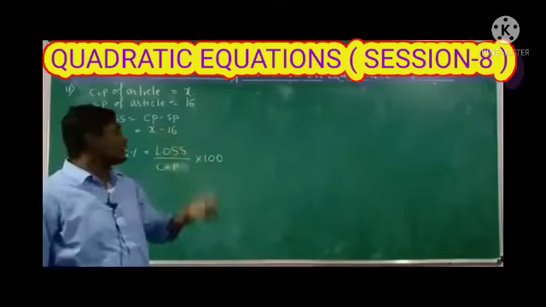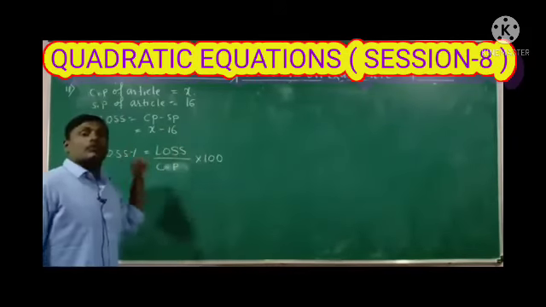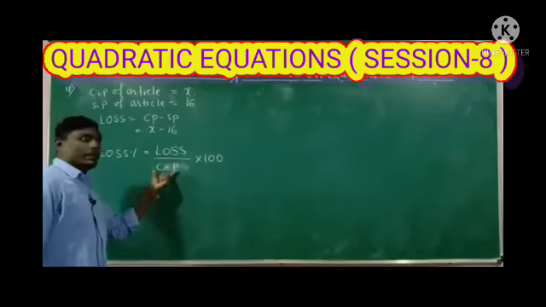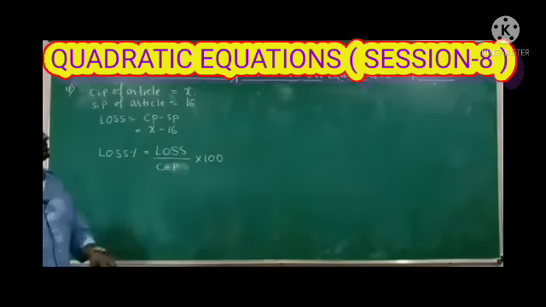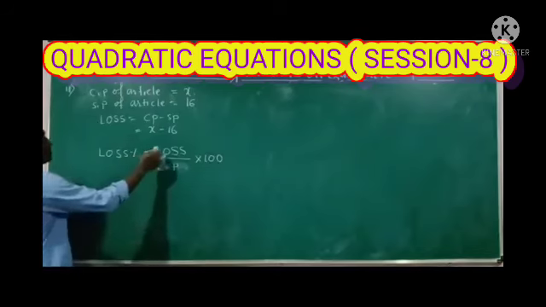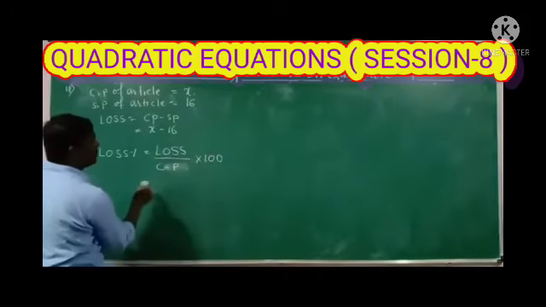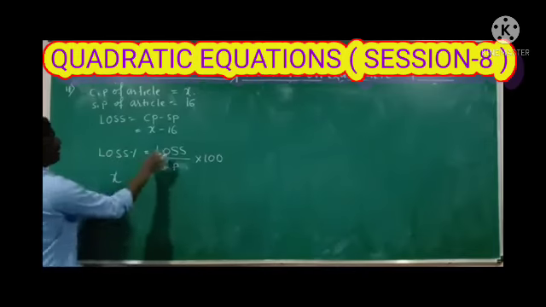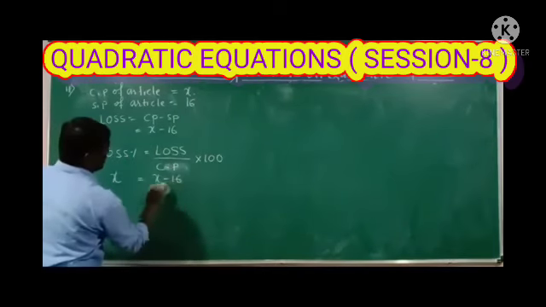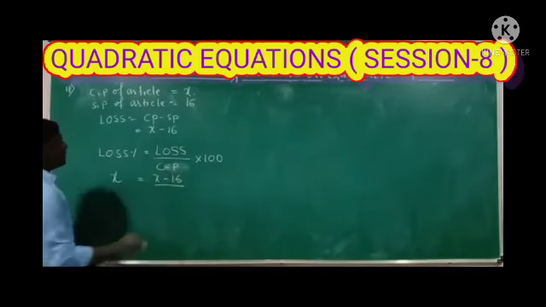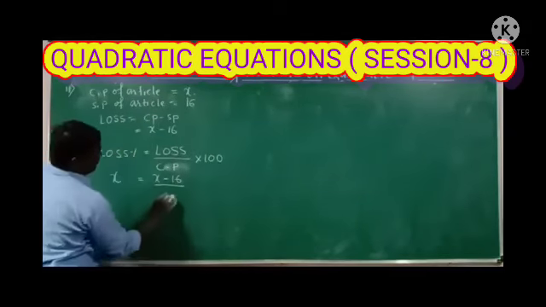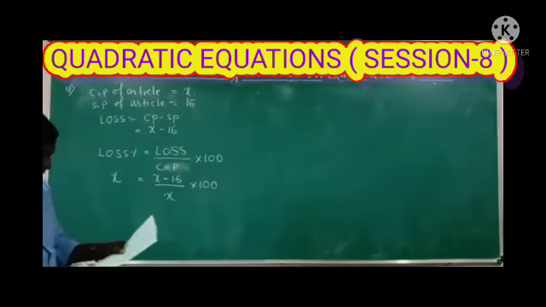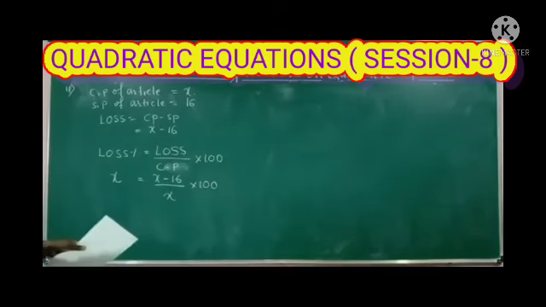Loss percentage and profit percentage are always calculated on the basis of their cost prices. So loss percentage, that is X, is equal to loss, X minus 16, divided by cost price, that is X, into 100, right? So these are the given data.